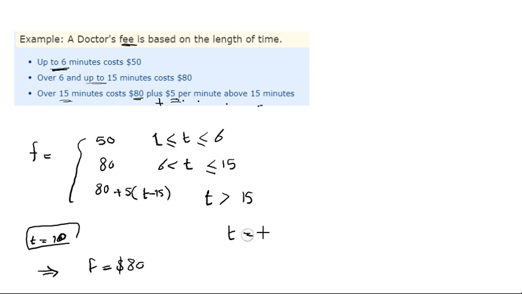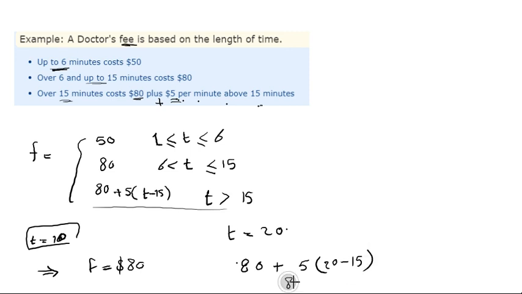If t equals 20 minutes, for example, it will follow the last formula, which is 80 plus $5 for 20 minus 15.